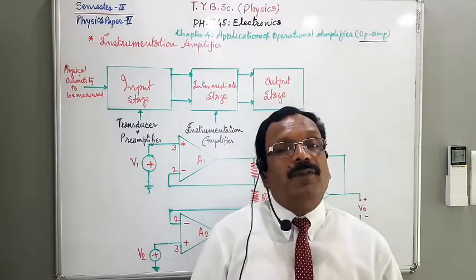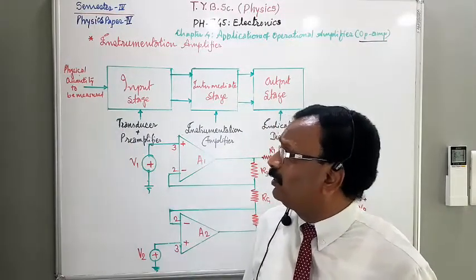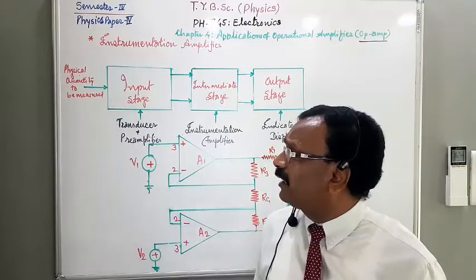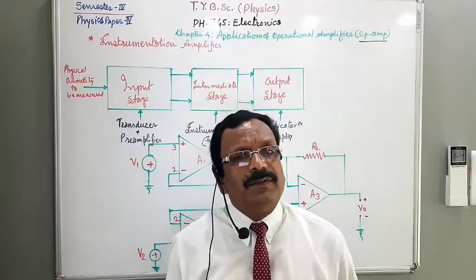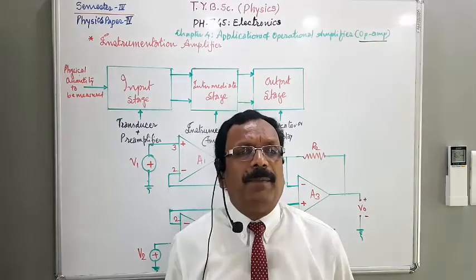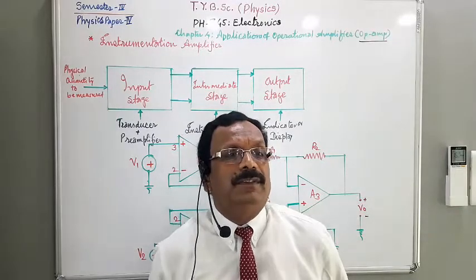Now, there are two important parts inside the first stage: the transducer and the preamplifier. That is, the transducer and preamplifier form the input stage of the instrumentation amplifier.